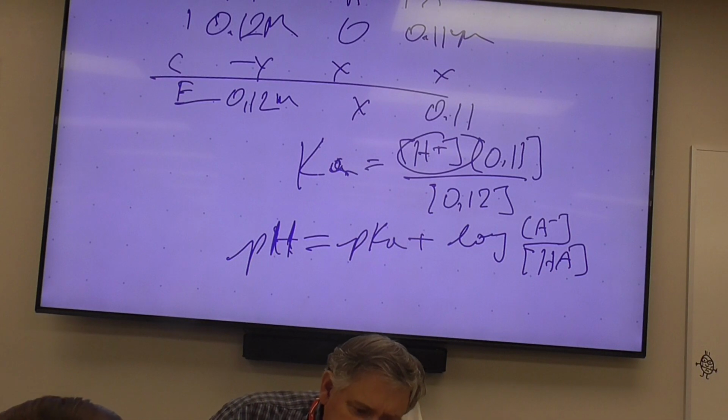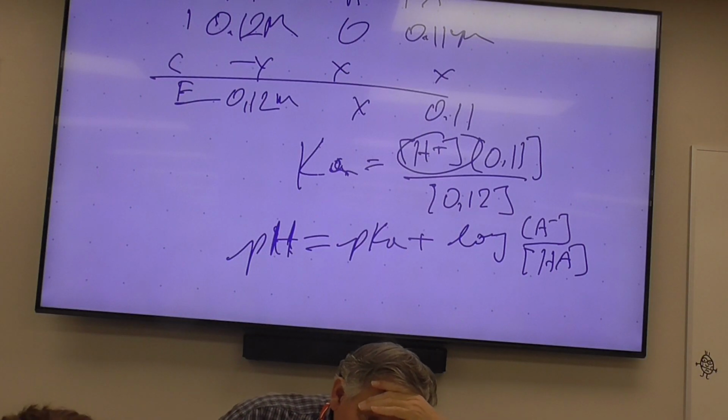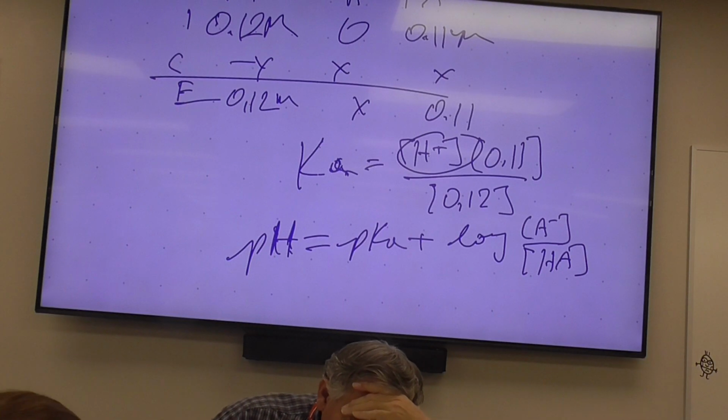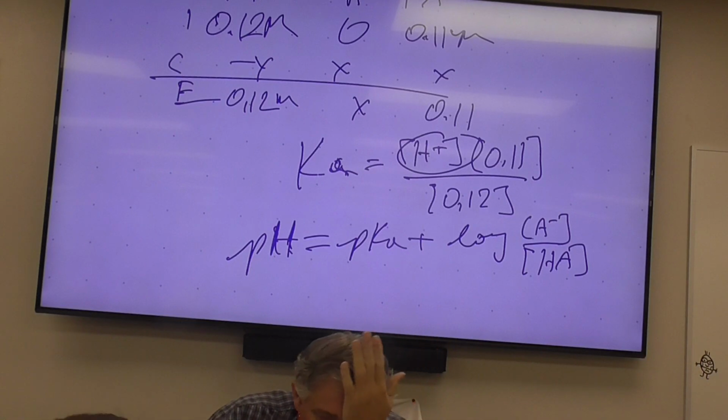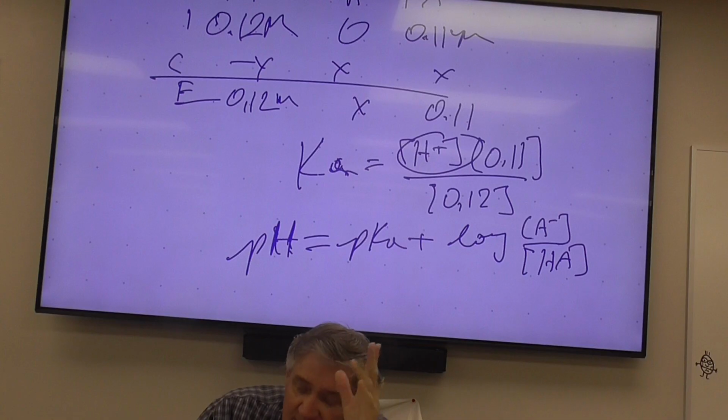Now, when you get to B, calculate the pH of the buffered solution by mixing 85 milliliters with 95 milliliters of sodium acetate. Here's where this gets a little bit more dodgy.